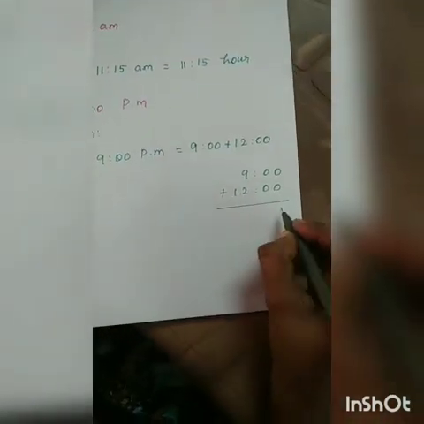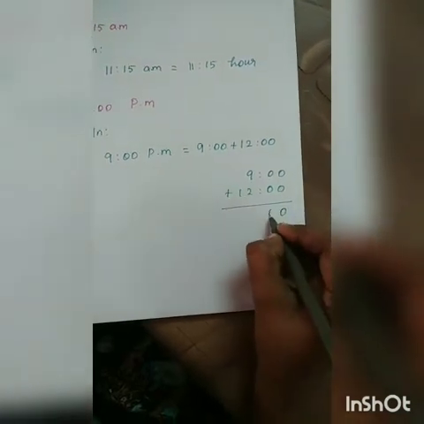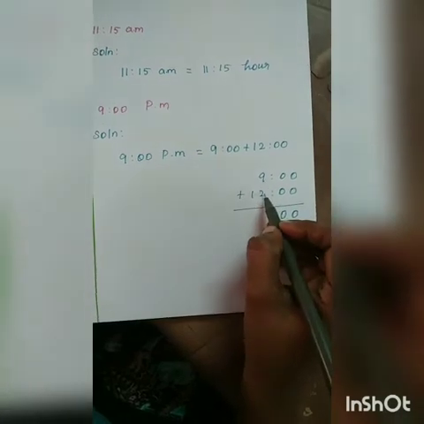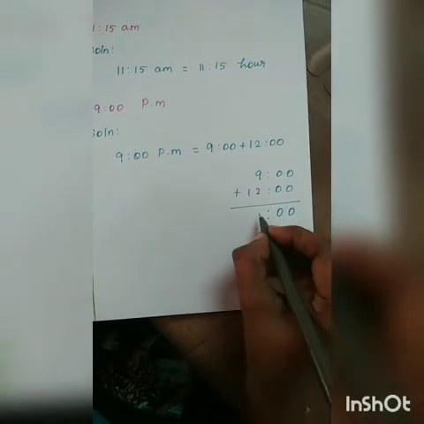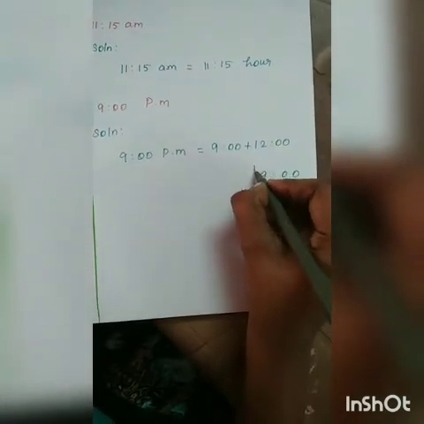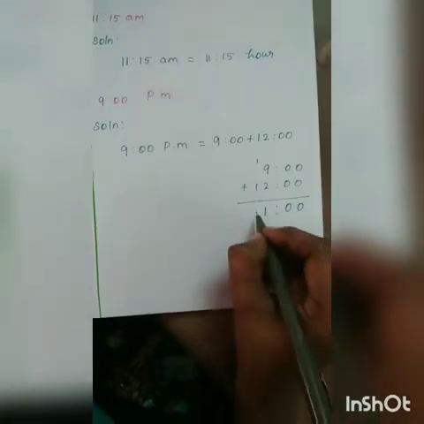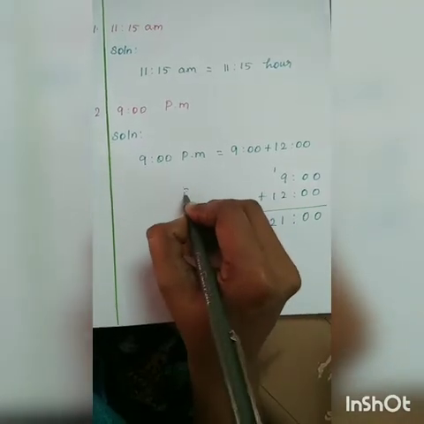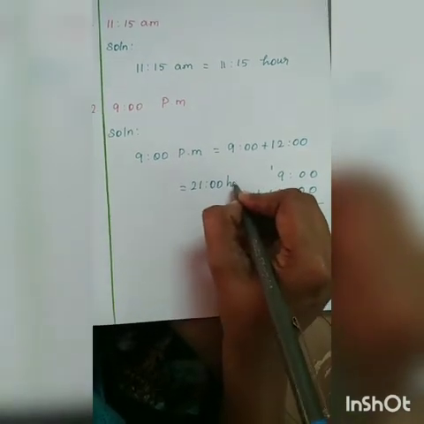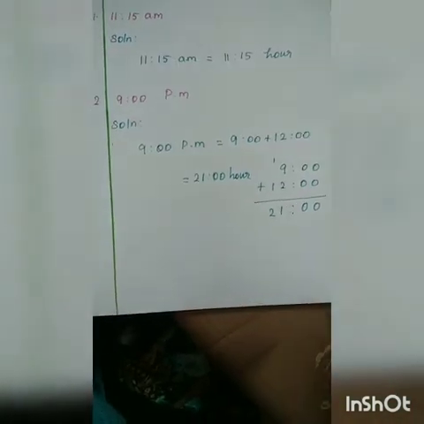So 0 plus 0 is 0. Then put the colon. 9 plus 2: after 9 comes 10, 11. Then you write 1, and the remaining 1 is written on top. Then 1 plus 1 is 2. Therefore, that is equal to 21. You write 21 hours.